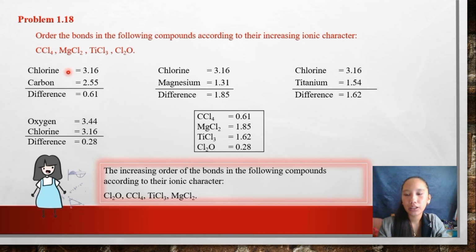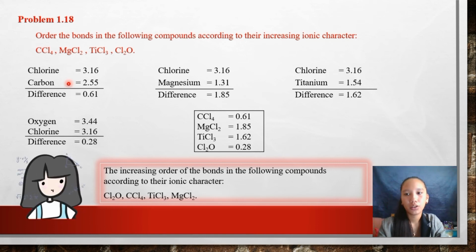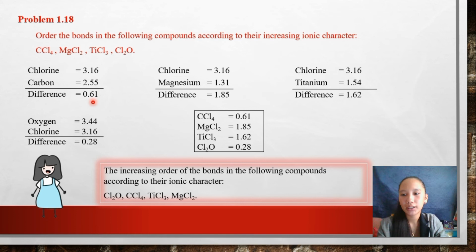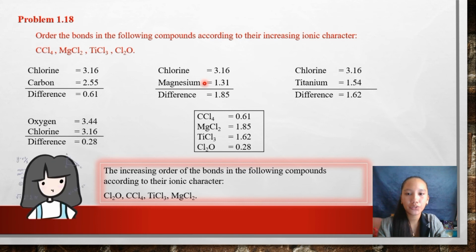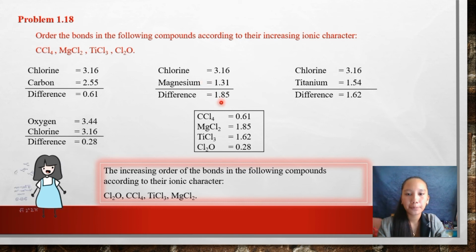Chlorine's electronegativity is 3.16 and carbon's electronegativity is 2.55. Their difference is 0.61. Next, chlorine's electronegativity is 3.16 and magnesium's electronegativity is 1.31. Their difference is 1.85.